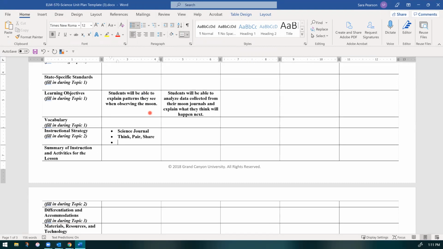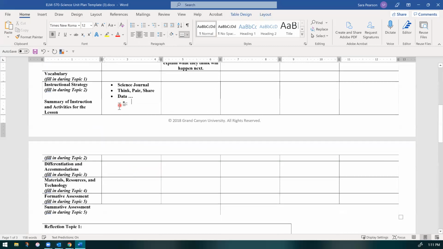And then you might include a few other strategies that you read about or learned about. You might have them do some data analysis, whatever strategies you choose. You can list them out here. But really the summary section is where I want to see the bread and butter of your unit. So explain to me step by step what this is going to look like.